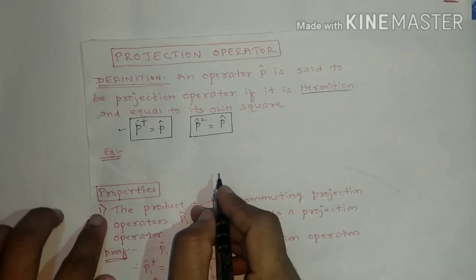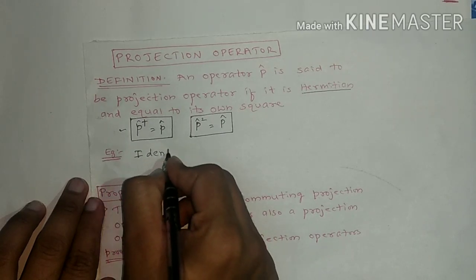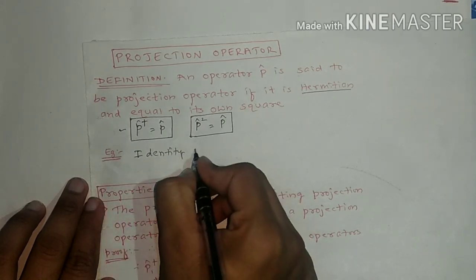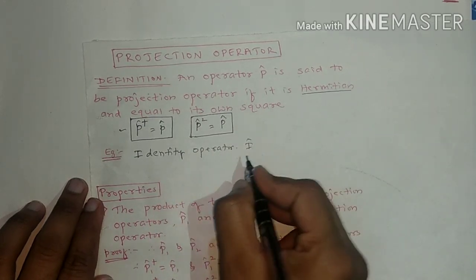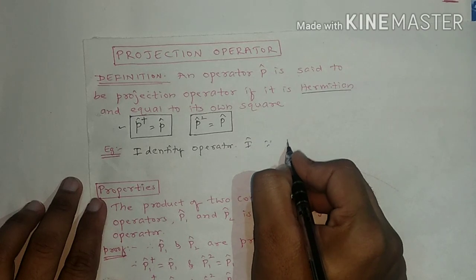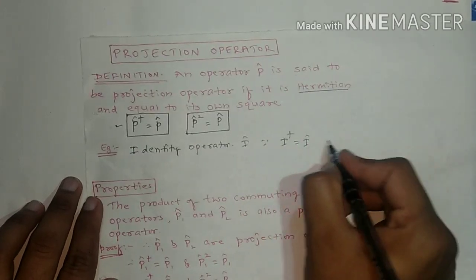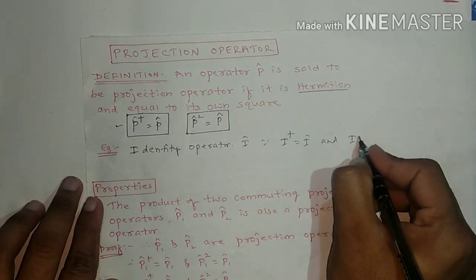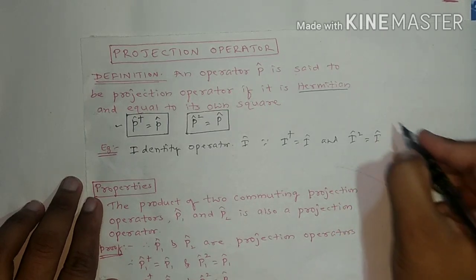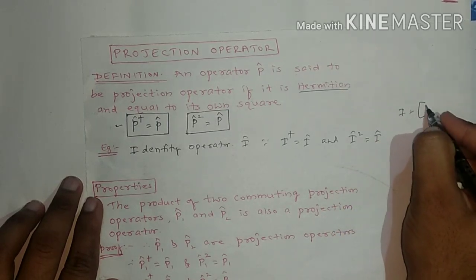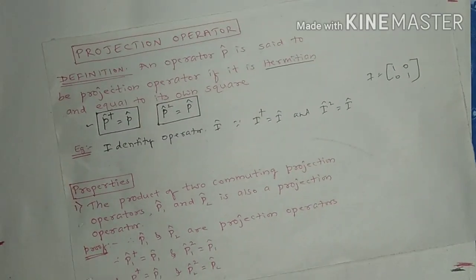The best example of a projection operator is the identity operator I. For the identity operator, I dagger is equal to I, and if we compute I square, again it will be I. So the identity operator is an example of a projection operator.